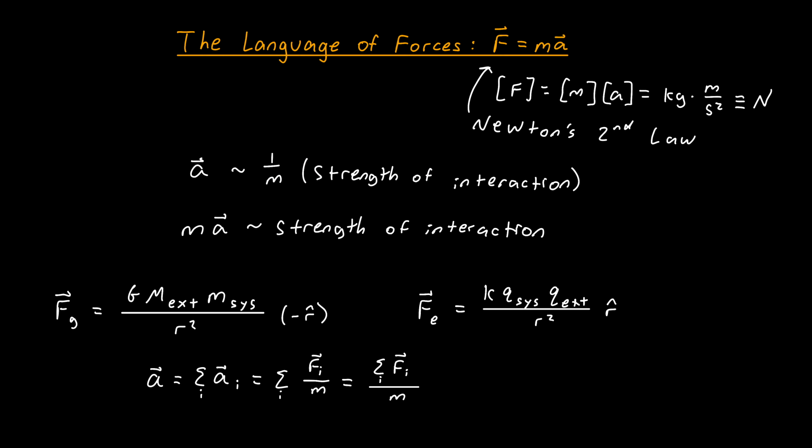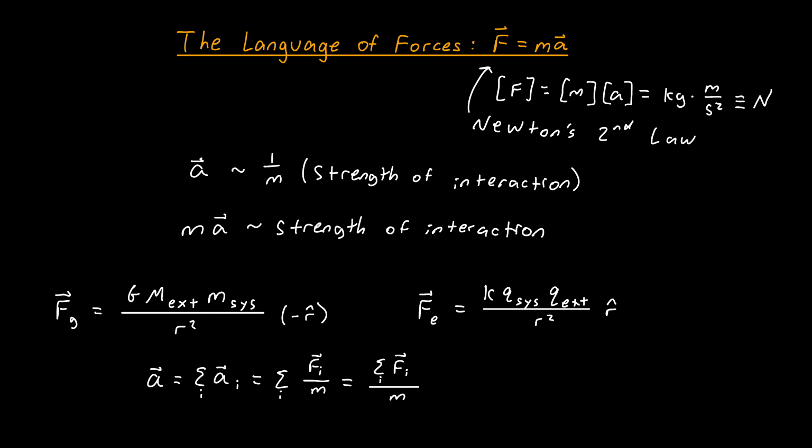Now, I have to admit that there's one obvious shortcoming of this whole process, which is that the force laws we've written down, this law for gravitational interactions and this law for electrostatic interactions, rigorously speaking, only apply for interactions between two particles. We're talking about the mass of one particle and the mass of another when we write down m external and m system.